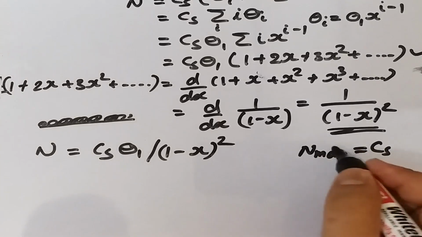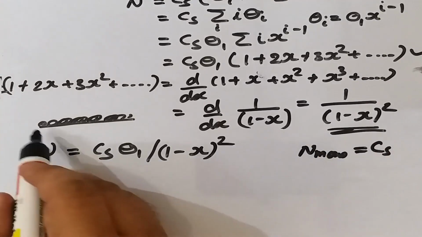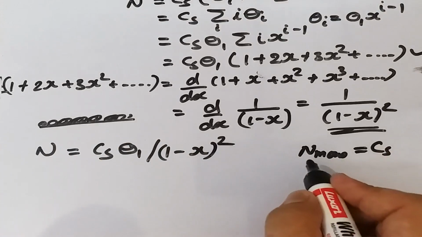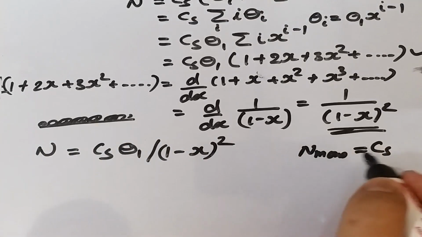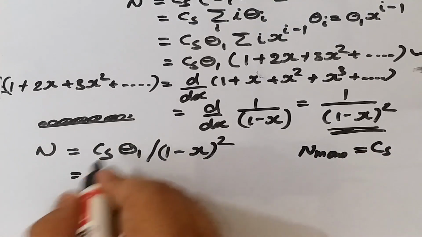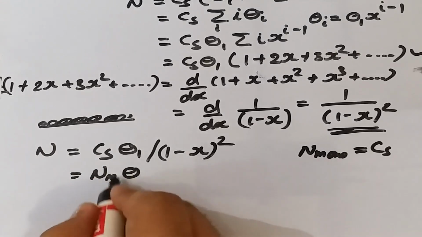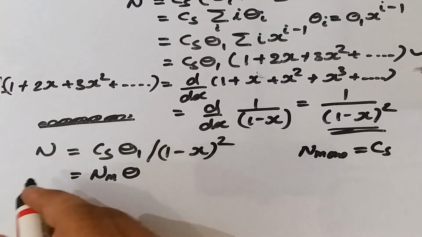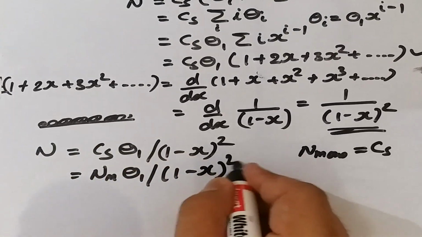So the total number of molecules will be equal to the total number of sites. Hence n mono, which represents the number of molecules on the monolayer, will be equal to the total number of surface sites, and in place of Cs we can substitute Nm, the total number of molecules covering the monolayer, into theta 1 upon 1 minus x square.